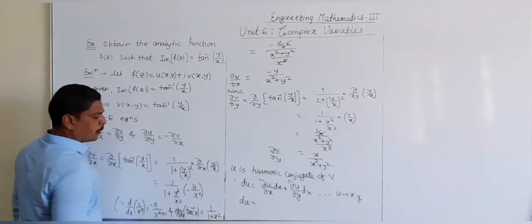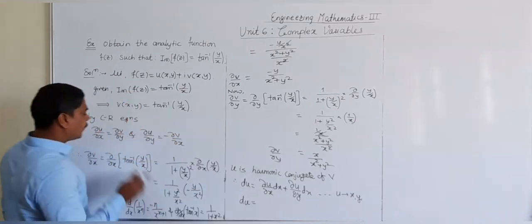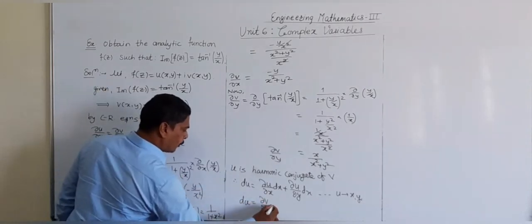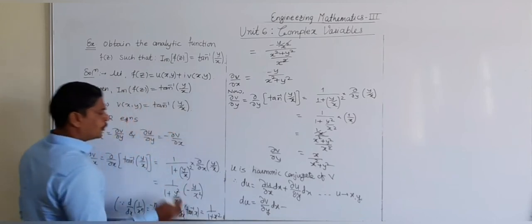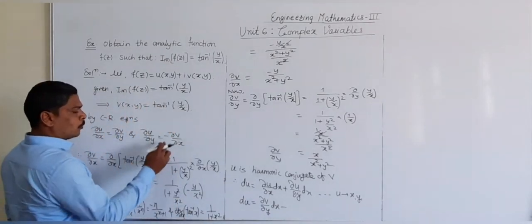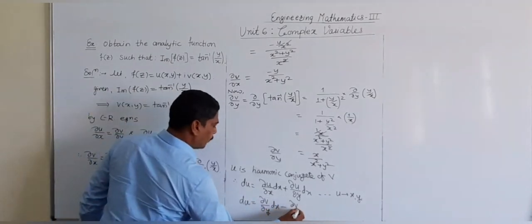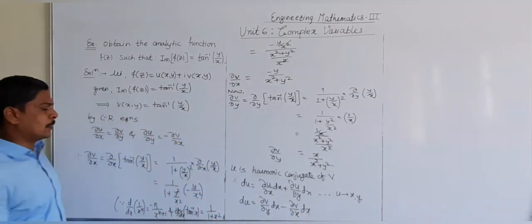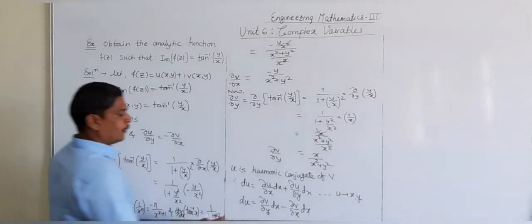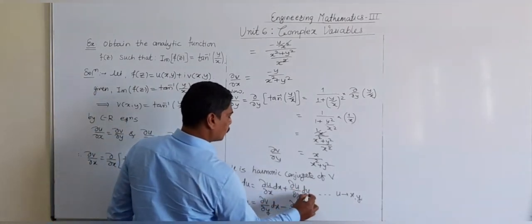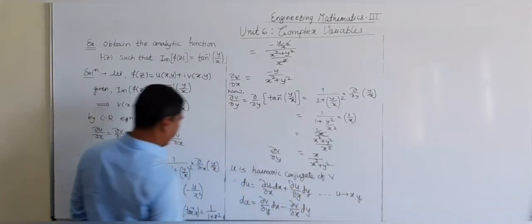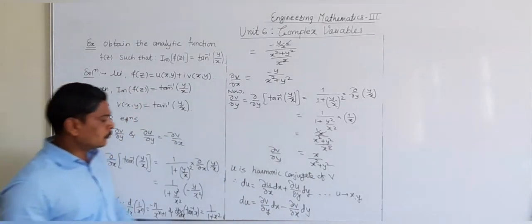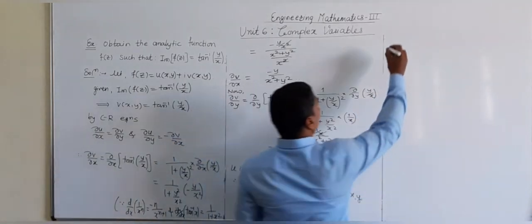So we get du becomes, instead of ∂u/∂x, we are replacing ∂v/∂y into dx, and then instead of ∂u/∂y, we are replacing minus ∂v/∂x into dy. And now replace the values.